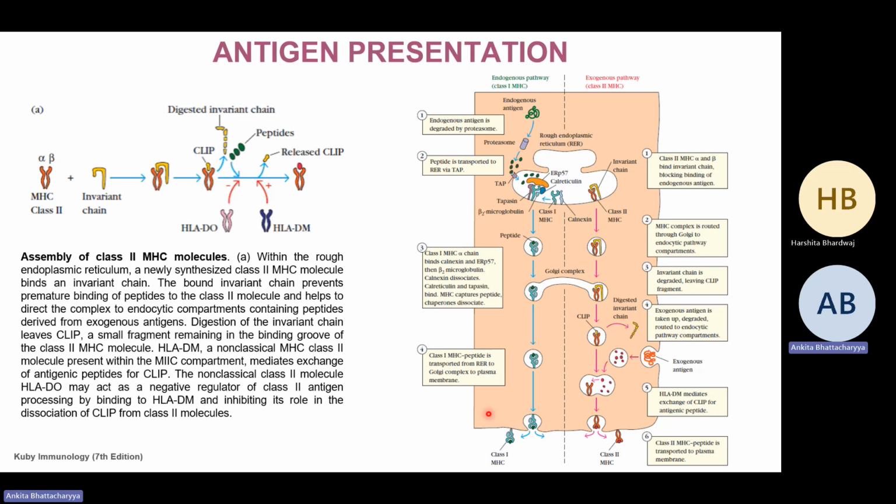Then the role of the invariant chain and the CLIP protease, and how it removes the tail end and releases the CLIP protein and assists in the overall assembly of class 2 MHC molecules. On the right, you see a schematic which compares these two pathways, the endogenous and exogenous pathways, respectively taken care of by class 1 and class 2 MHCs, and the different substeps included in them are also mentioned.